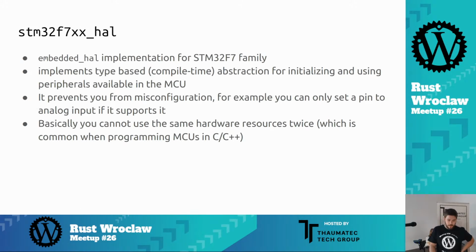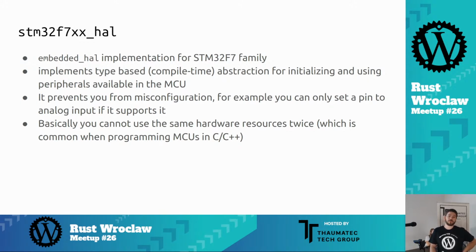So other important components that are not part of flip-link, but we are using for today's demo, is the STM32F7 HAL, and this is the embedded HAL implementation for STM32F7. It implements all the necessary types for the peripherals, and it allows you to configure them. Yeah, the nice thing is that, for example, you cannot use the same hardware resources twice.